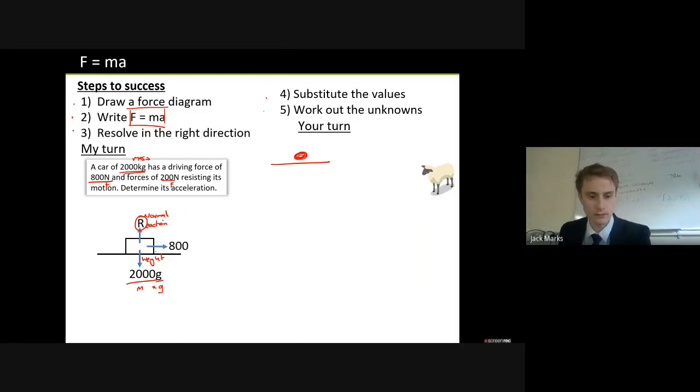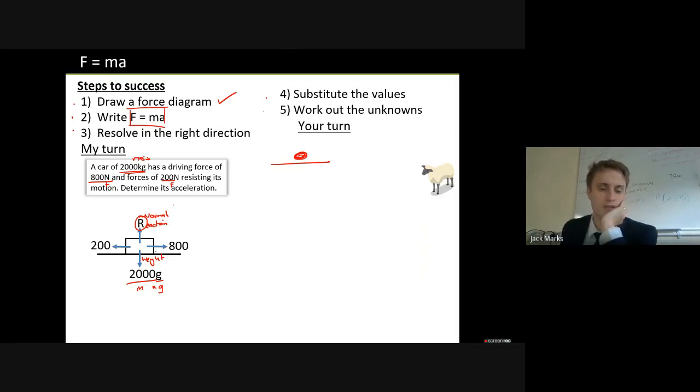If you're right-handed, or maybe even left-handed, you probably have a bias for putting driving forces acting towards the right-hand side. I know I do. So I would draw my 800 going to the right. It doesn't have g on it because it's not a weight. It's already a force, 800 newtons. And 200 newtons resisting. If it's resisting, it's working against it, so that must be going the other way, 200. Okay, so we've drawn our force diagram.